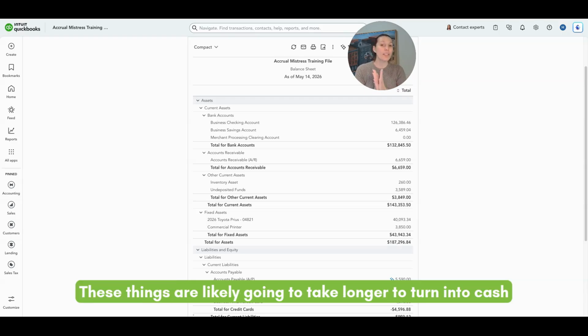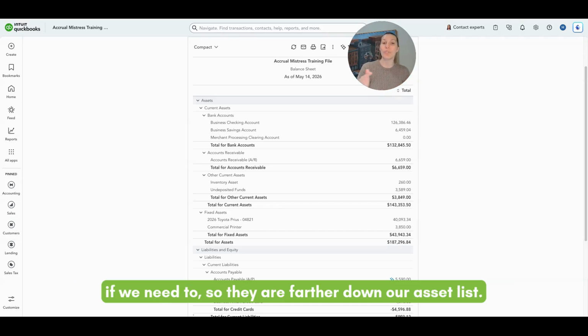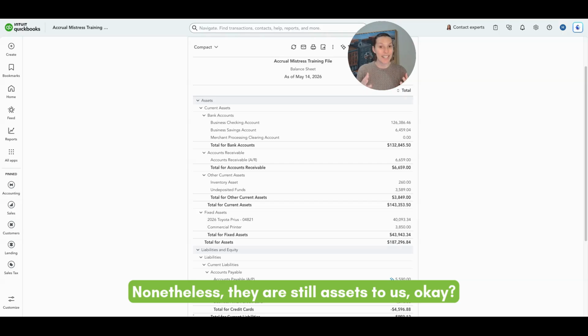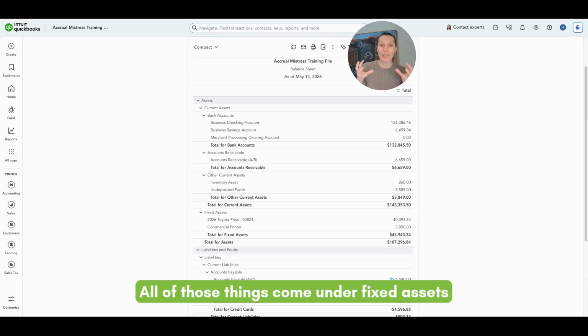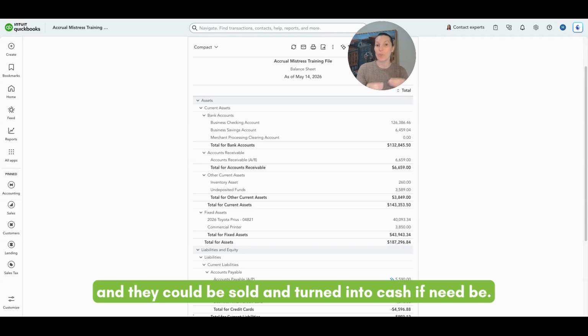These things are likely going to take longer to turn into cash if we need to, so they are farther down our asset list. Nonetheless, they are still assets to us, okay? So here we're going to see things like cars, furniture and fixtures, buildings, land if it is owned. All of those things come under fixed assets, and they could be sold and turned into cash if need be.